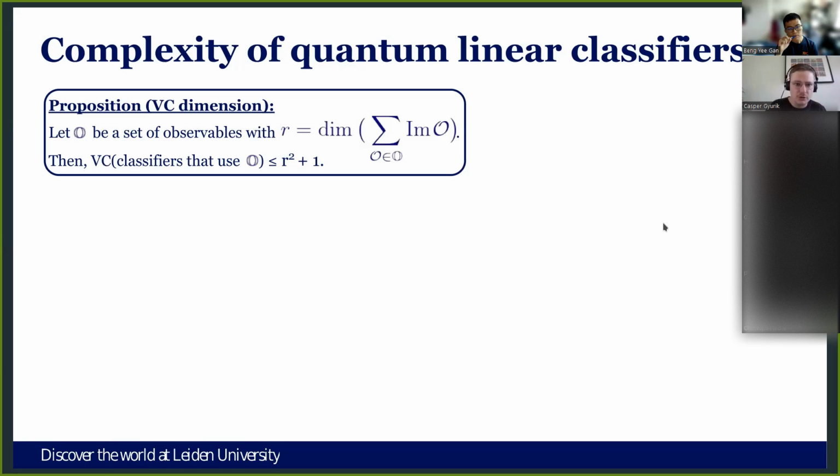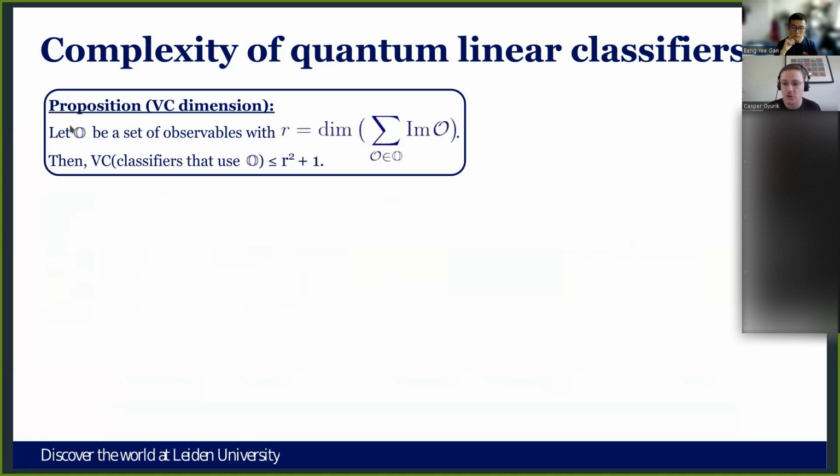So the proposition on the VC dimension of a quantum machine learning model looks like this. We let O be a set of observables. Let's suppose this O is all observables implementable by your variational quantum circuit, or any observable implementable with a kernel method that uses a certain feature map.